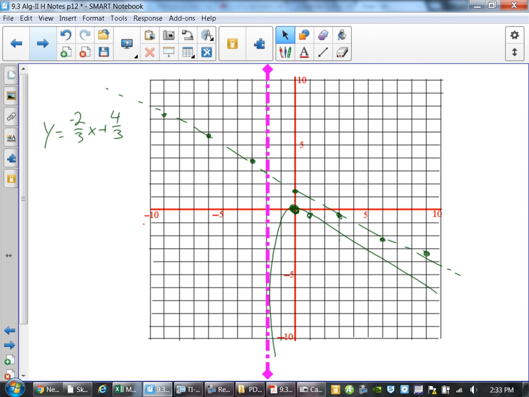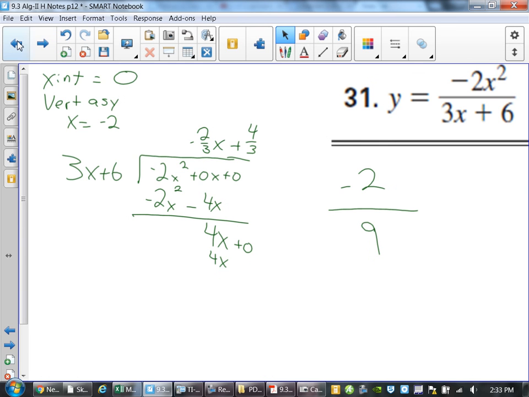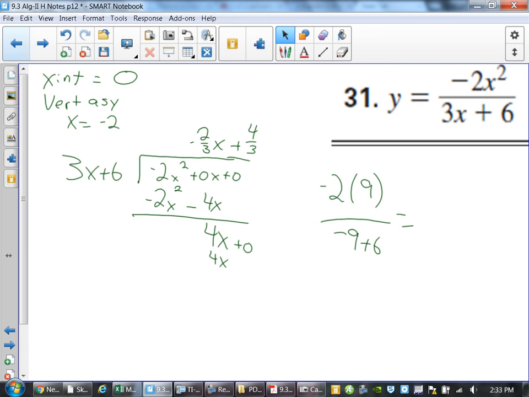Check it at -3. If I use -3, I get -2 times 9 over -9 plus 6. -18 over -3. 6.